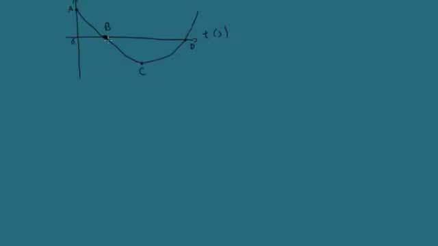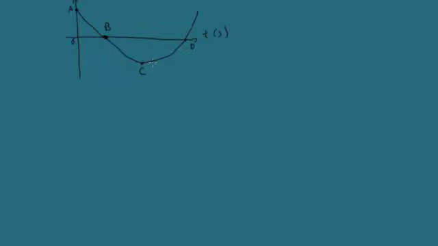However, the velocity continues to decrease, but it's now negative, so it's now travelling in the opposite direction. It's going back towards where it came from. The velocity decreases to a minimum value at C, and then it starts to increase again, but it remains negative.